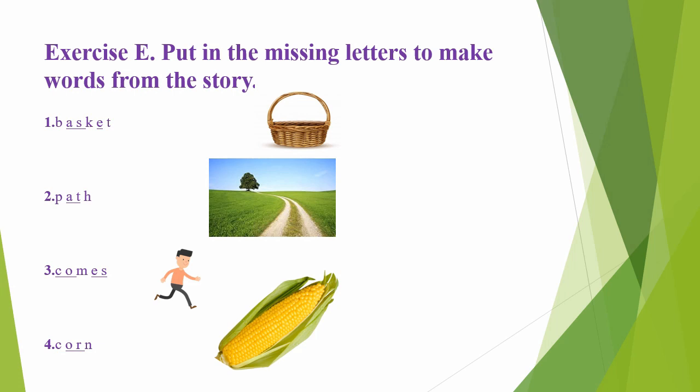Now coming to the next exercise, exercise E, page 13. Put in the missing letters to make words from the story. Students, here are some words with their missing letters from the story. You have to find out what they are. Number 1, B dash dash K dash T. Have you any idea?